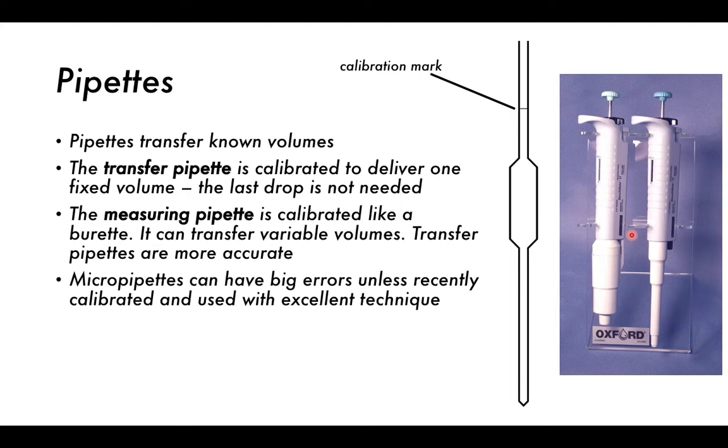They also tend to lose their calibration pretty quickly, simply because they have a lot of moving parts. And these moving parts will affect the overall accuracy of the measurement. They'll sometimes get moved out of place through overzealous use or through incorrect storage and things like that. So it's important to keep them well maintained and well calibrated.